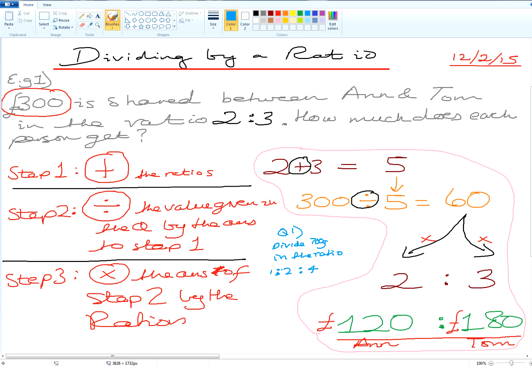It doesn't matter if you have 3 ratios, it's the same thing. Add all 3 of them up and so on. So that's the question for now, and I'm going to pause the video so you can have a quick go at that question.